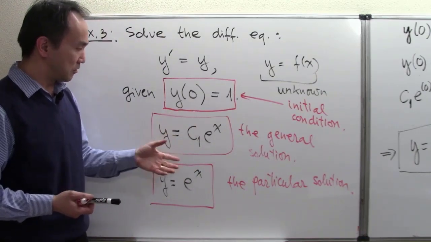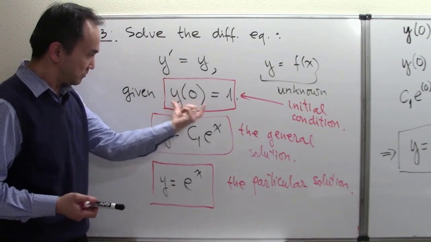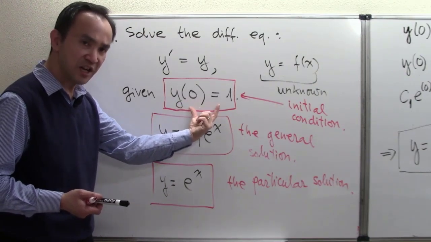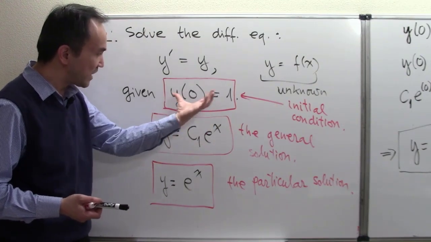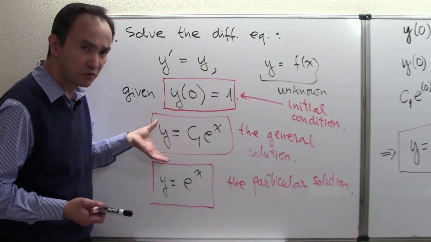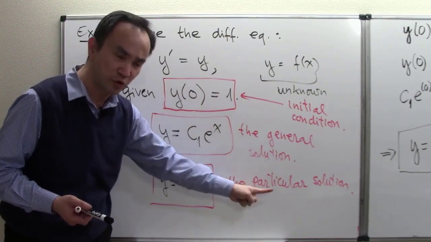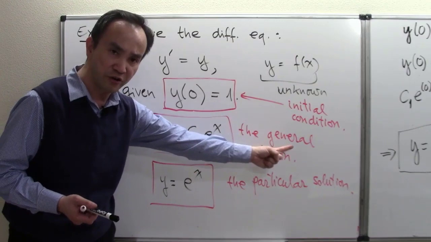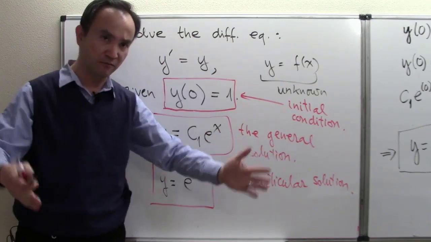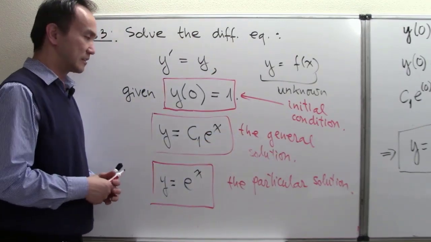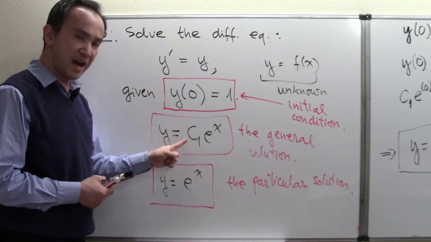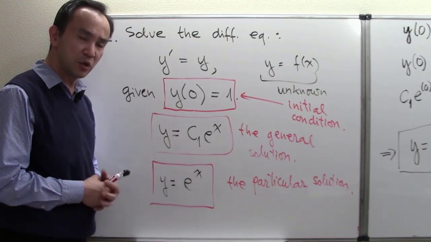Okay? And so that piece of information is called the initial condition. Because without that initial condition, we're not going to be able to have any particular solution. We're only going to end up with the general solution, which is a whole family of infinitely many solutions that all differ by the value of this c1 constant.